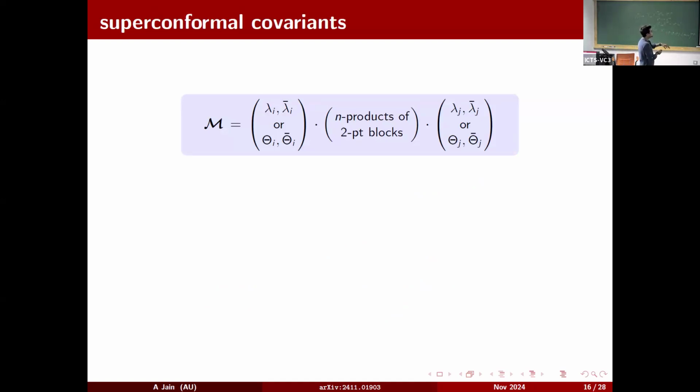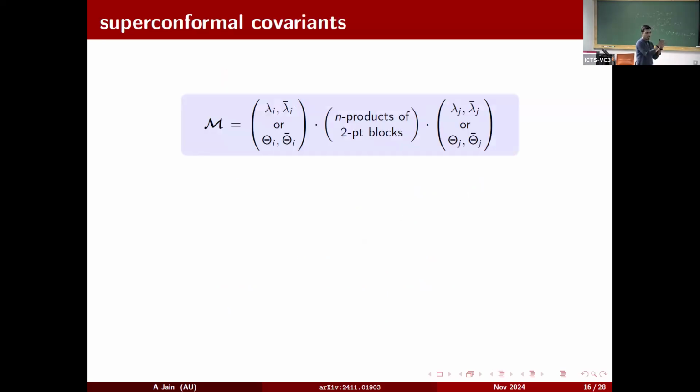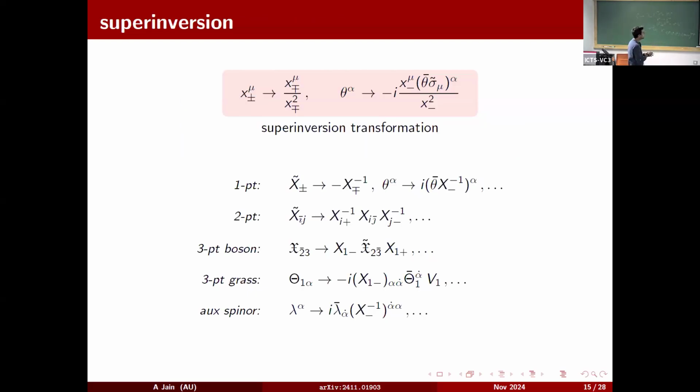So this is a strategy for construction of these objects. I close these things with lambdas or thetas because they have a single alpha or an alpha dot on them. And in the middle, I string multiple x's or these 2-point blocks.